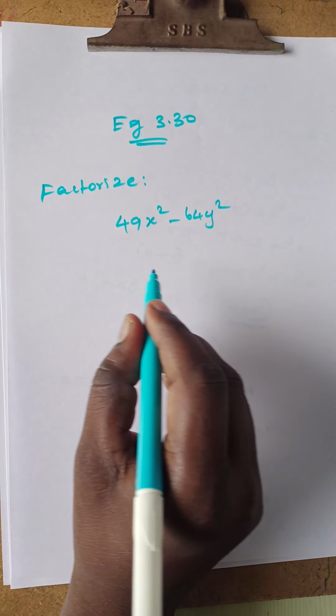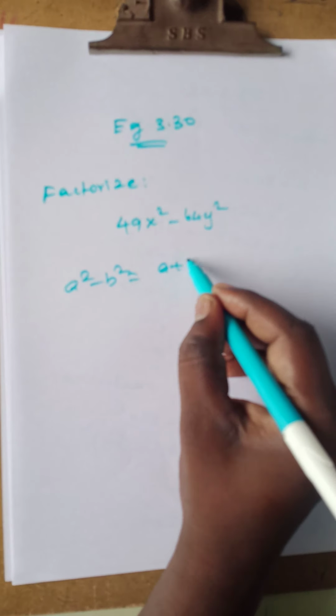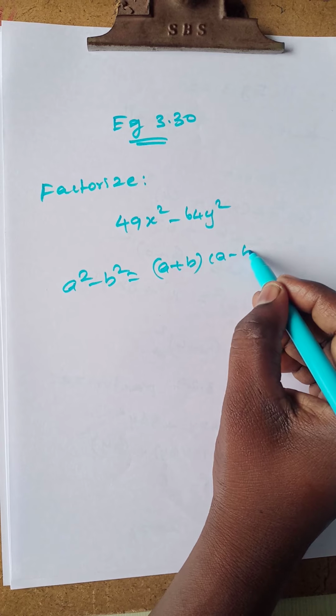It is one of the identities. What is the identity? a square minus b square equals a plus b into a minus b.